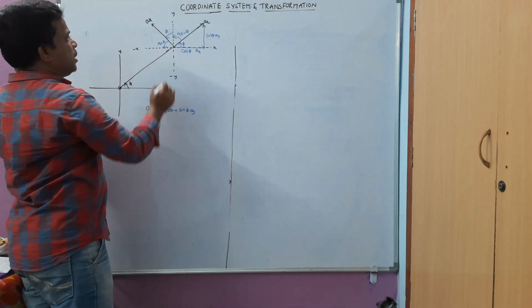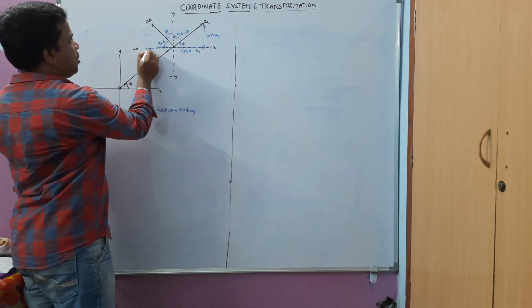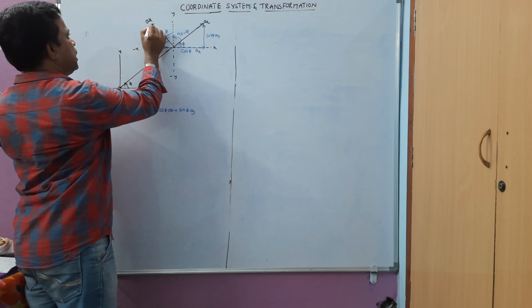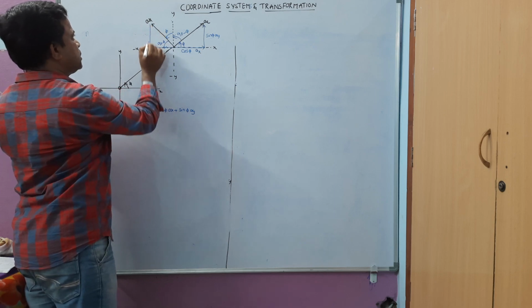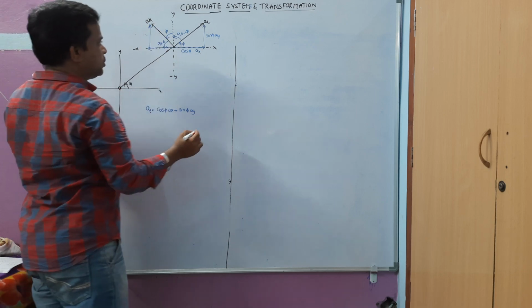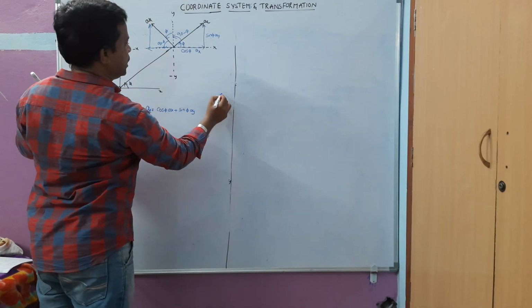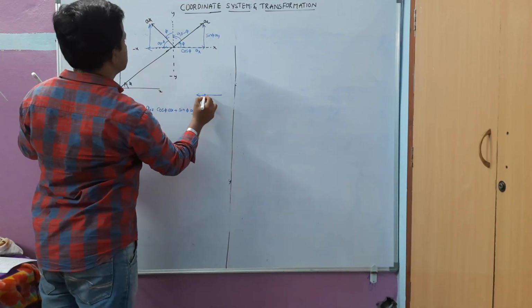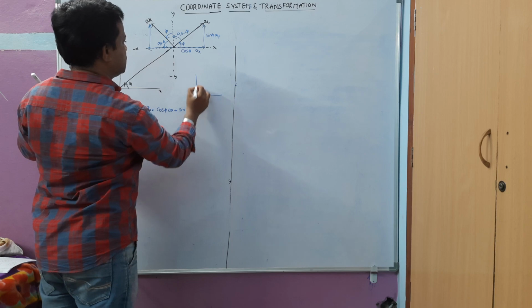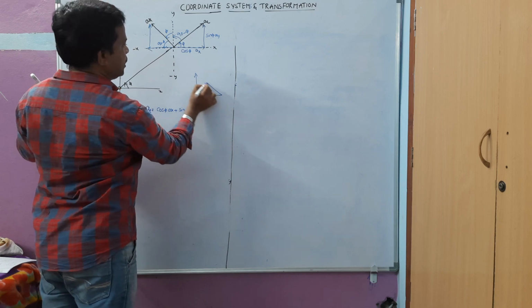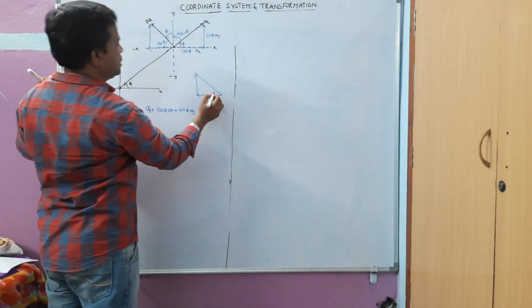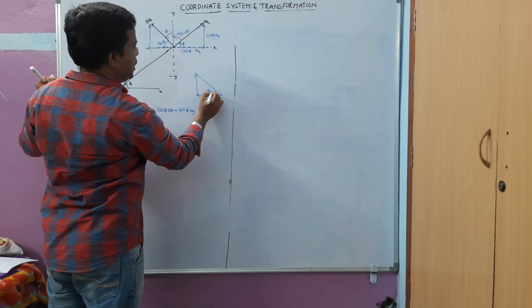Now I will take the vector along the x axis and drop a perpendicular like this, so I get another triangle with 90 minus phi here.